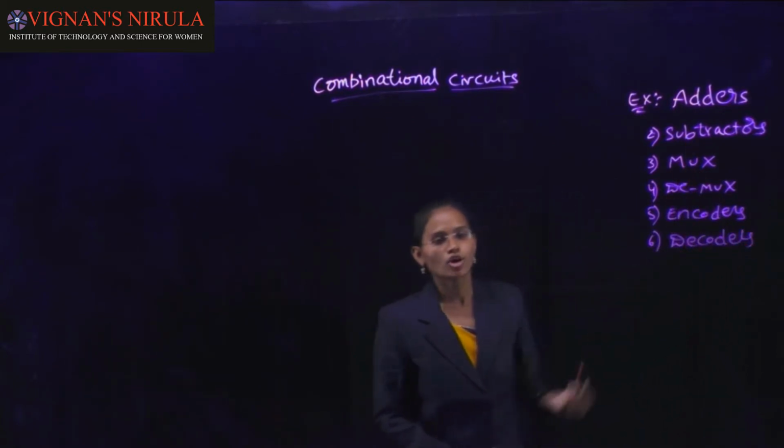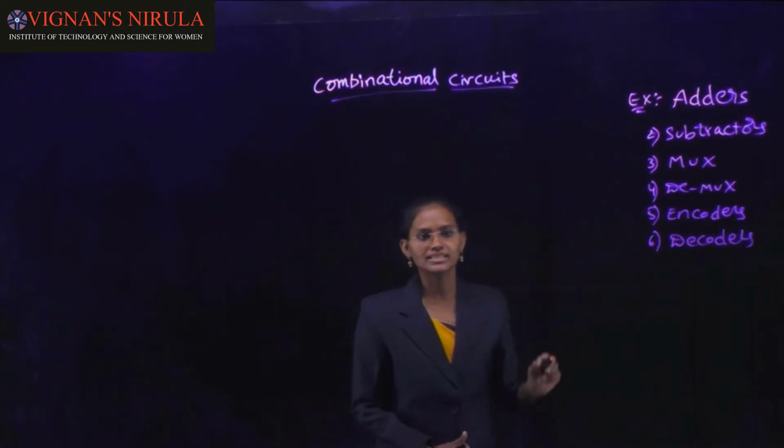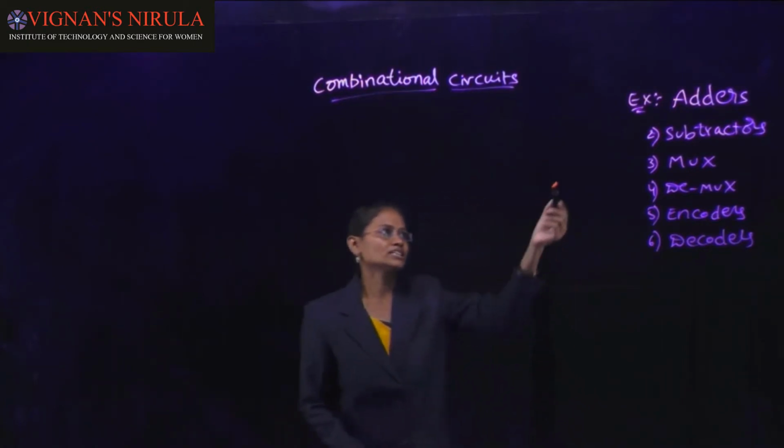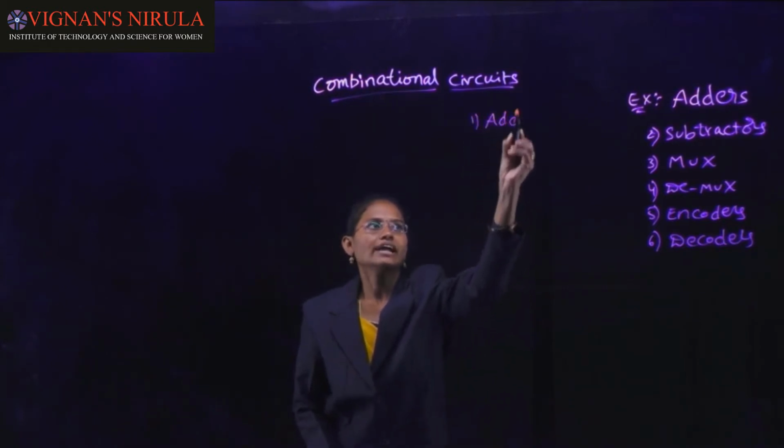These are the combinational circuits. Here the outputs depend on the present inputs. Let's start with adders.